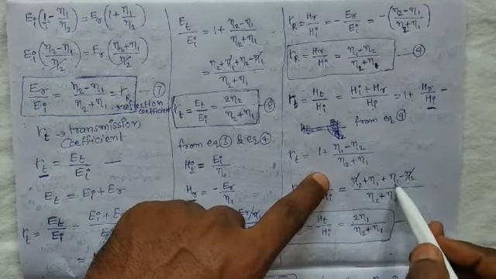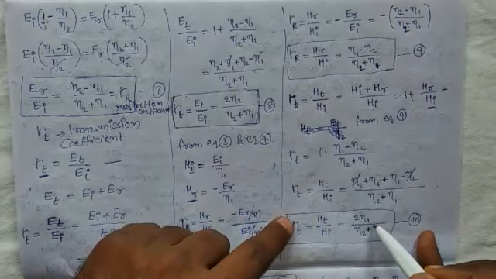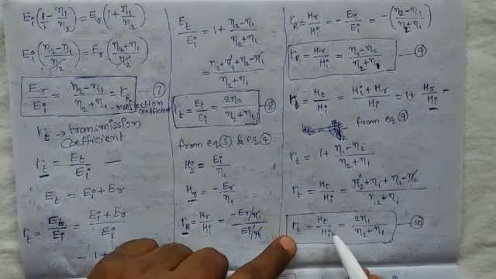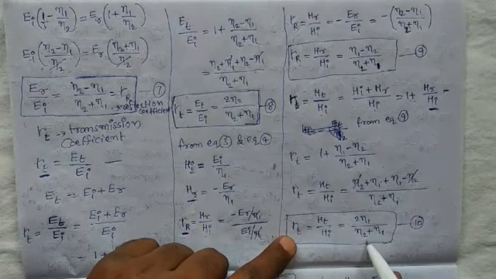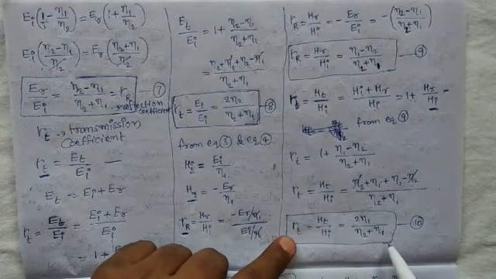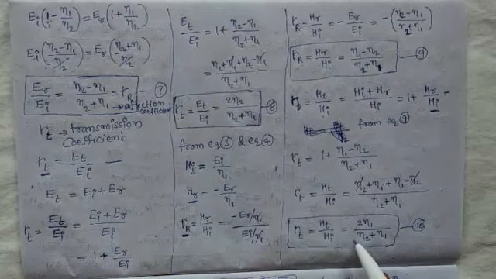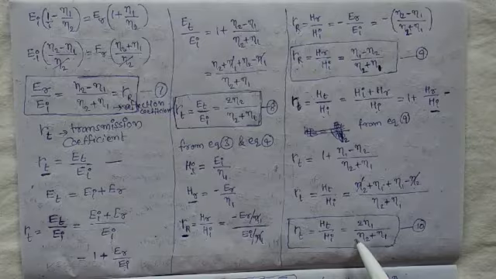Eta 1 plus eta 1 is equal to 2 eta 1. Here gamma T is equal to 2 eta 1 by (eta 2 plus eta 1). This is the transmission coefficient in terms of the magnetic wave.